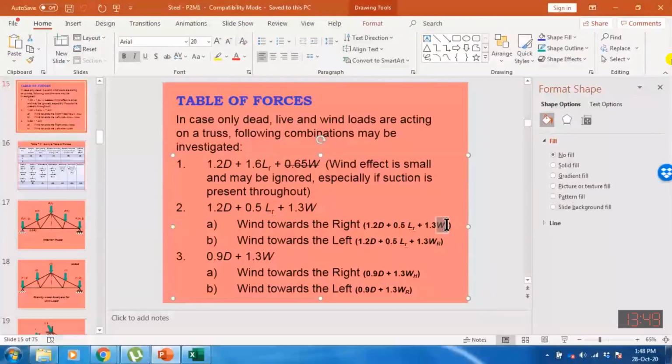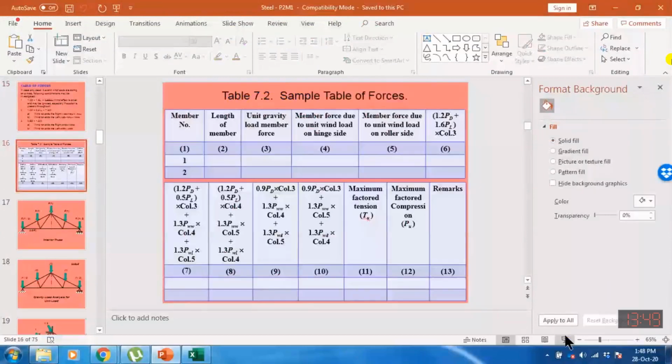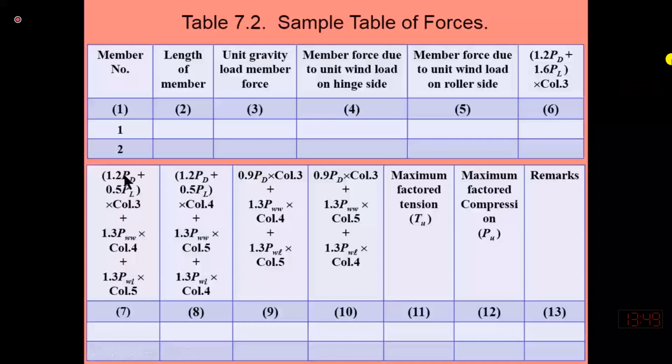So here in the table of forces, 1.2 PD plus 0.5 PL, this is multiplied by column number 3 because of unit gravity load. Then 1.3 multiplied by PWW plus, into column number 4.